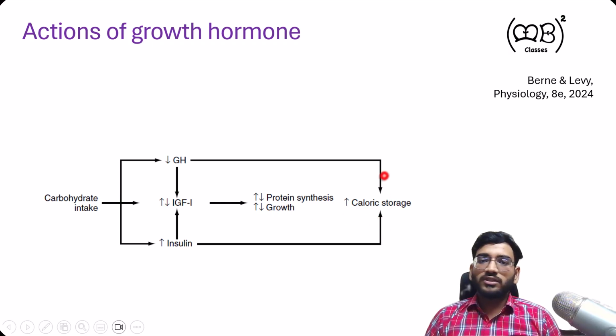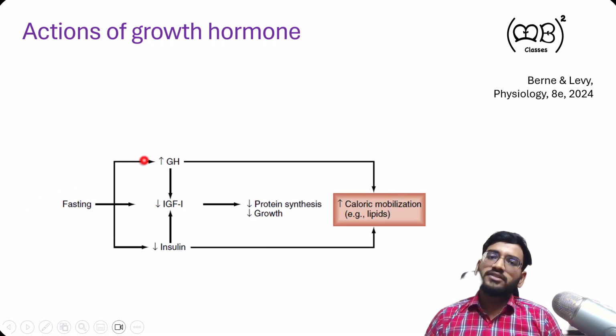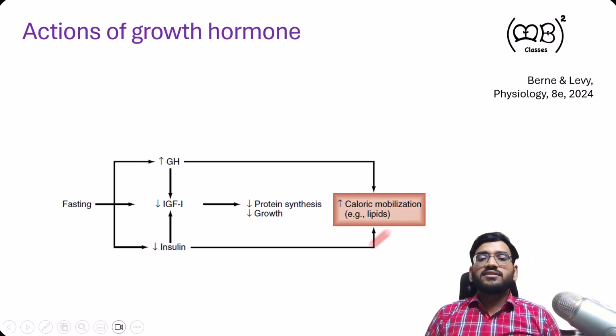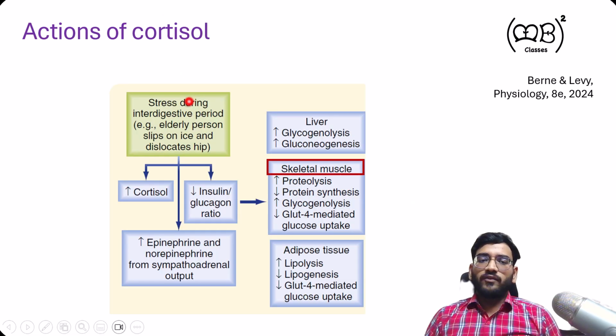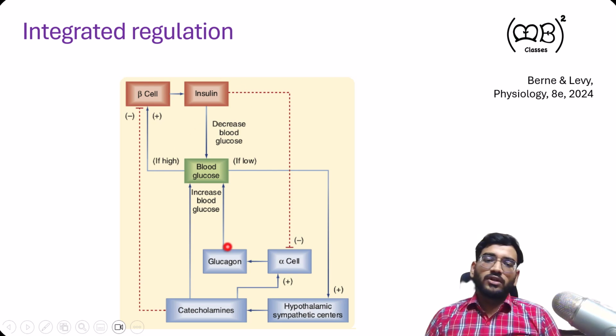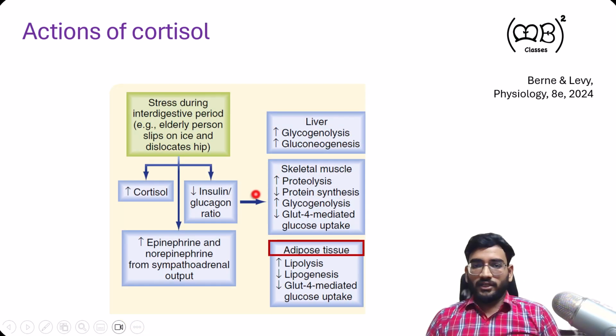So caloric storage is increased. But when there is fasting state, growth hormone will increase along with the counter-regulatory hormones to increase the caloric mobilization. Understood? This is what was there about the other hormone, the cortisol and the growth hormone, and we talked about the insulin, glucagon and catecholamines in quite a lot of details.